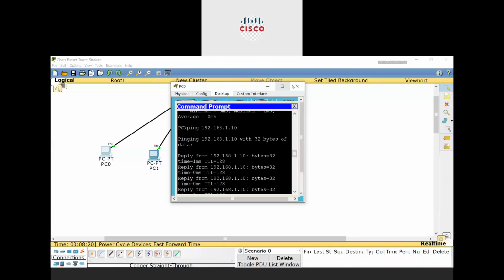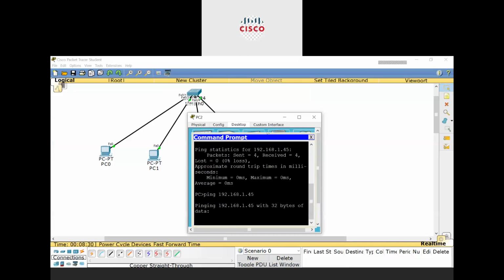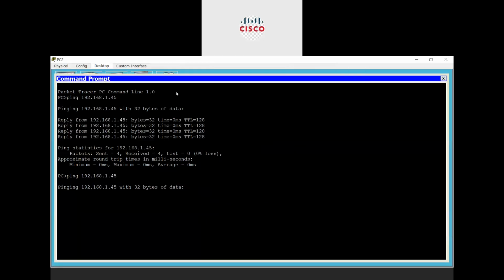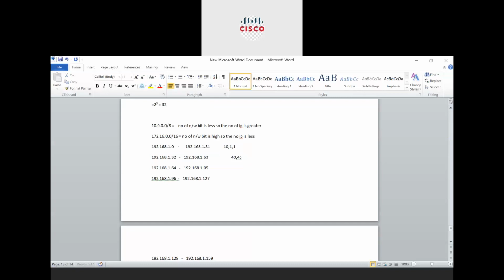This PC will no longer be able to ping 45 because now 45 belongs to a different network and 15 belongs to a different network. I have three computers in the same network and only one belongs to a different subnet. So yes, this computer cannot communicate with this. That's the idea. That's very simple. Okay, so that is the subnet basically.